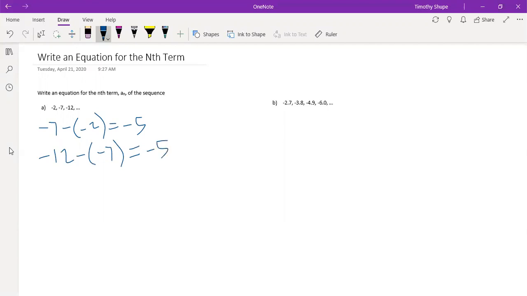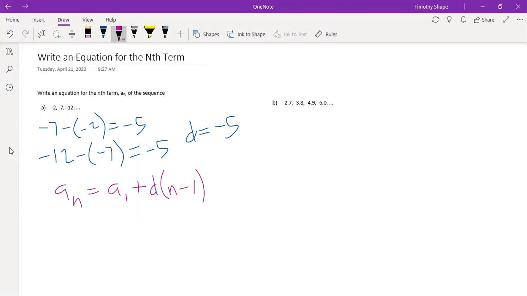So in doing that, we've identified that our common difference is -5, and we'll want to keep that as part of our equation. Now, if I'm writing the equation of an arithmetic sequence, it's defined by the nth term equals the first term, which is a1, plus the common difference multiplied by n minus 1.